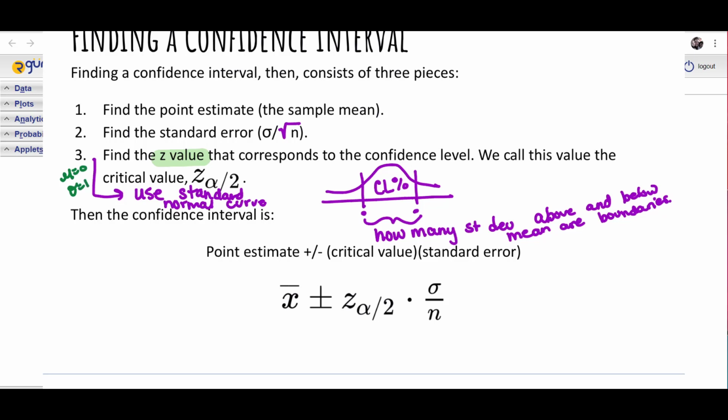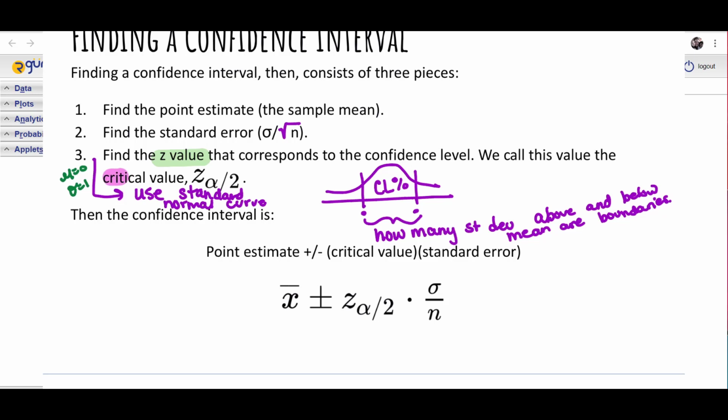So for this particular calculation, we're going to calculate how many standard deviations above and below the mean the boundaries for the middle confidence level percentage would be. And that again will tell us how many standard deviations above and below the mean those boundaries are. And that is what is called a critical value.